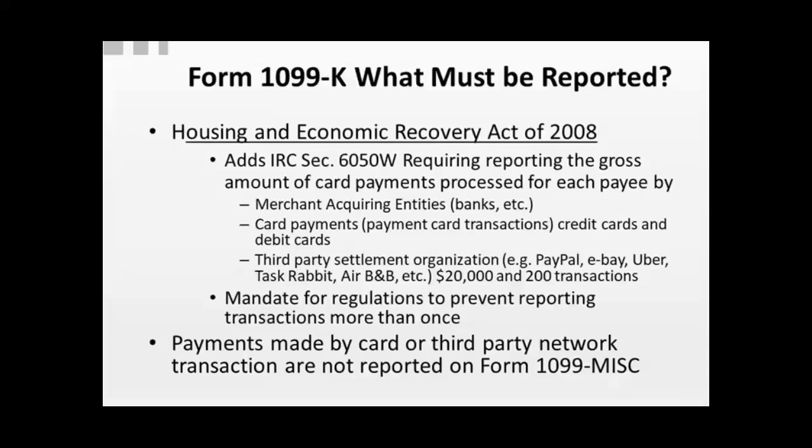This does create a gap, though. So if you're paying through PayPal or one of these other things, there's a difference between what's reported on the 1099 as non-employee compensation, $600, and the $20,000 that's required for the settlement organization to report on a 1099K.